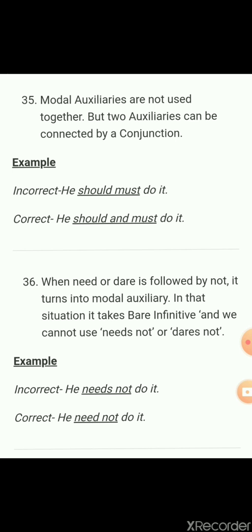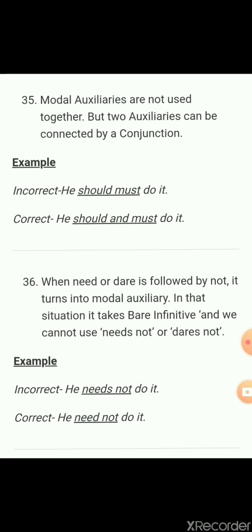Rule number 36. When need or dare is followed by not, it turns into a modal auxiliary. In that situation, it takes a bare infinitive and we cannot use needs not or dares not. I'm repeating, we have done such types of sentences before as well. When need is a verb, it is needs, present tense.